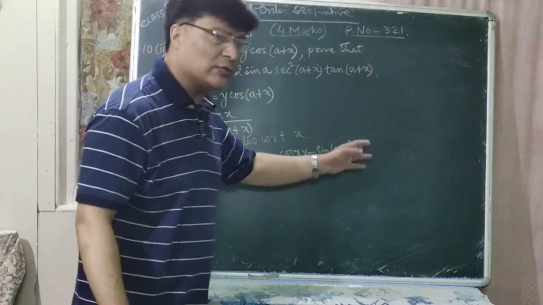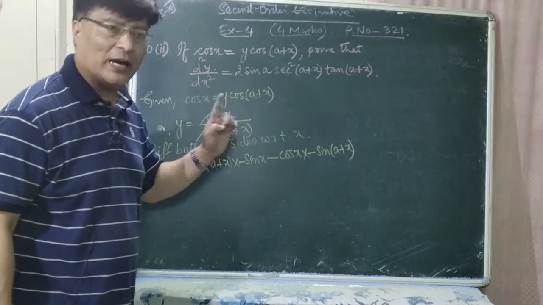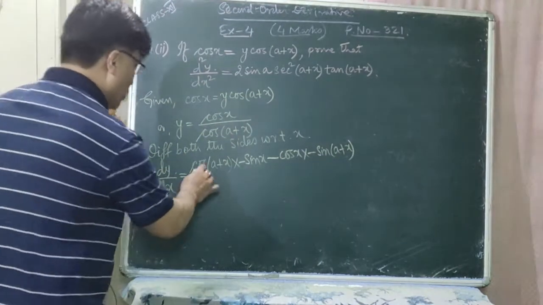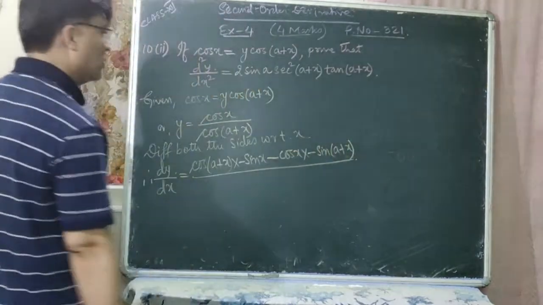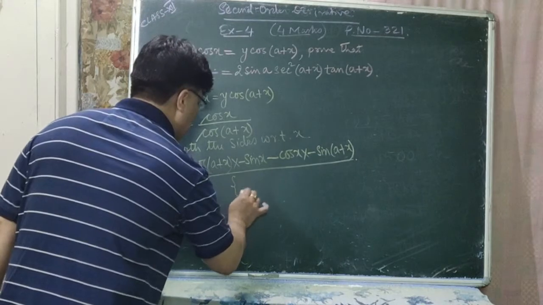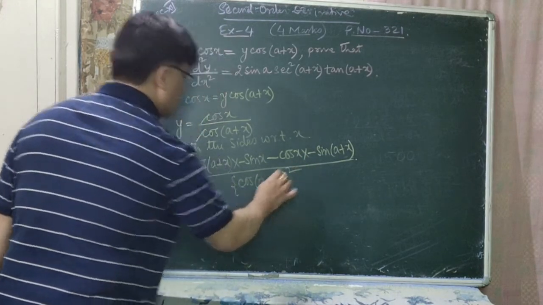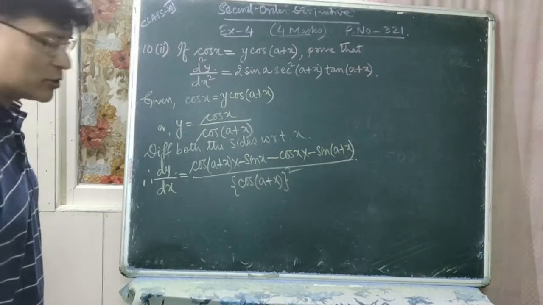So sine of (a plus x) into 1 is sine of (a plus x). So that's why we did not write 1 out here. Okay. So whole divided by denominator whole square. What is the denominator whole square here? That is cos of (a plus x) whole square. I think you have understood it.